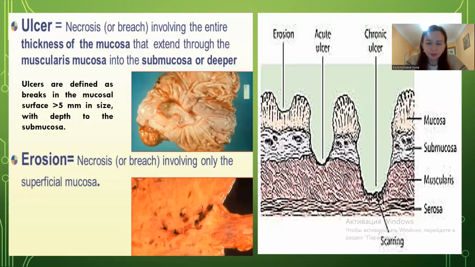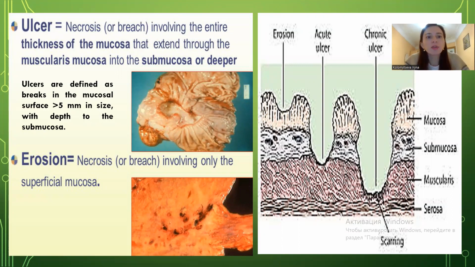And what is an ulcer, and what is an erosion, and what is the difference between ulcer and erosion? An ulcer is necrosis involving the entire thickness of the mucosa that extends through the muscularis mucosae into the submucosa or deeper.